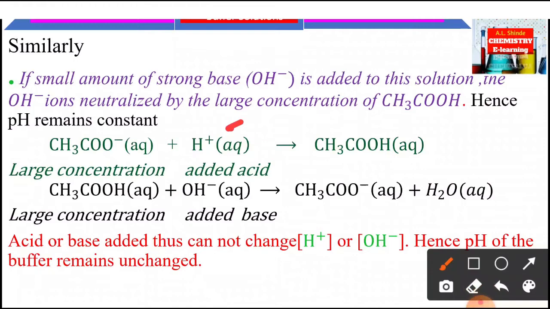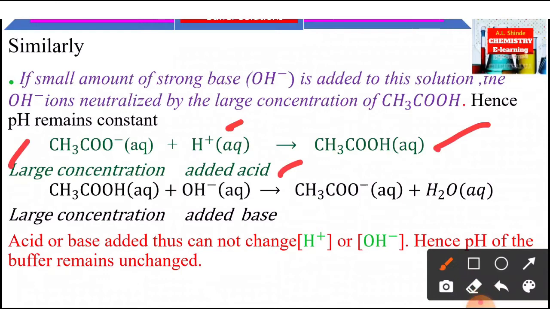The CH3COO minus ions plus H plus ions: the CH3COO minus ions have large concentration, and the H plus ions come from the added acid. Therefore, there is formation of acetic acid having formula CH3COOH in water.